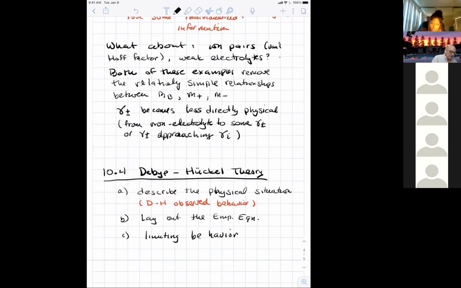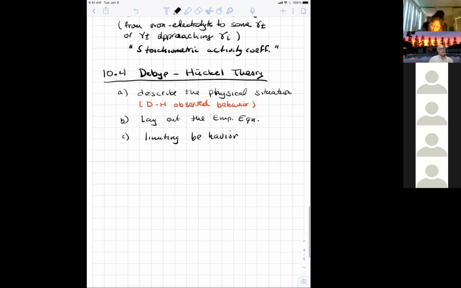And so in this case, sometimes this is called a stoichiometric activity coefficient, to distinguish it between something that's purely non-electrolyte and something that is an electrolyte. Because it's strictly still an electrolyte, but it is more ideal at higher concentrations, right? Because the number of ions that these things put out is much, much less. Okay.